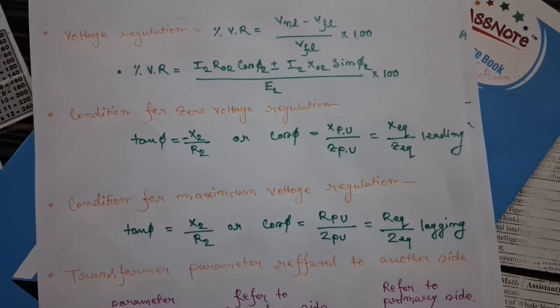Or power factor cos phi is equal to r pu by z pu, equal to r eq by z eq, lagging. Here r pu is per unit resistance, z pu is per unit impedance, r eq is equivalent resistance and z eq is equivalent impedance.